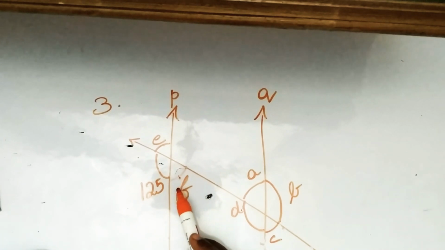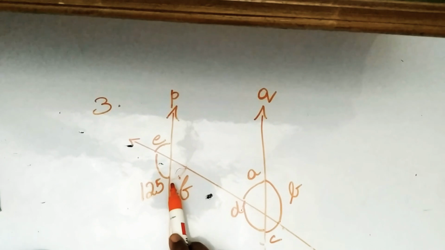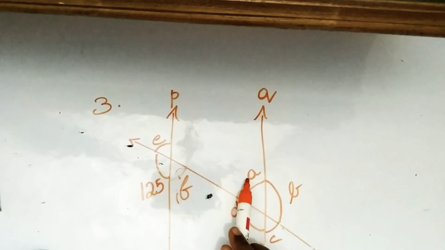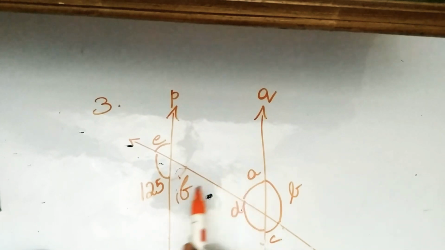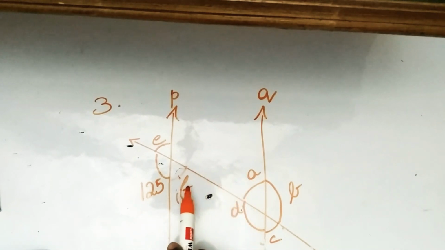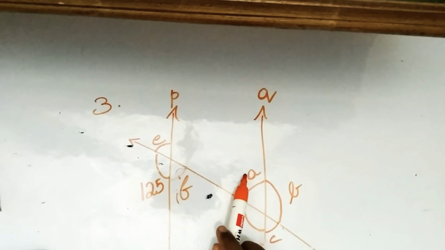Now angle F will be equal to angle A. Why will angle F and angle A be equal? Because they are alternate interior angles. So you have learned the property that alternate interior angles are equal. So angle F will be equal to angle A and you can say angle A will also be equal to 55 degrees.